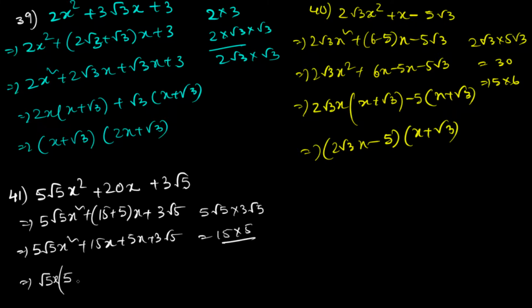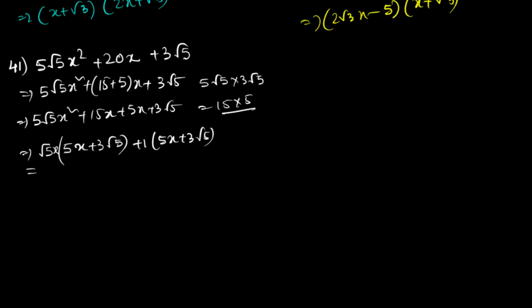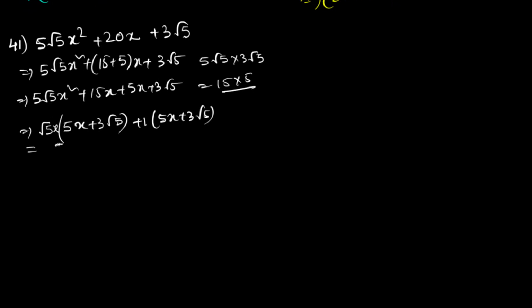Root 5x if I take common, I'll be left with 5x plus 3 root 5, and if I take 1 common, I will be left with 5x plus 3 root 5, and then I can write 5x plus 3 root 5 times root 5x plus 1.